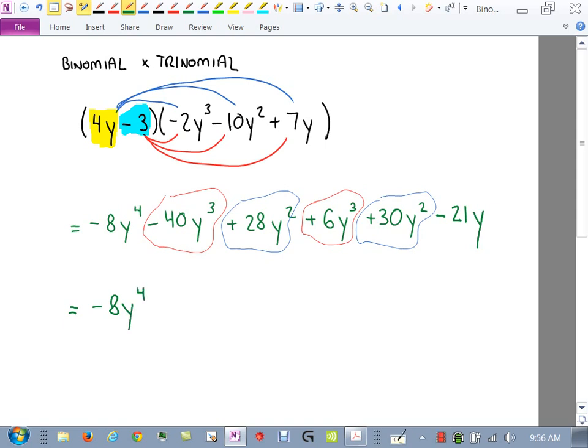How many y cubes? Negative 34y cubed. That's negative 40 add 6, get negative 34y cubed. Then I do 28 plus 30, 58y squared. And then I didn't have any y's by themselves except for this one, negative 21. So I am done.